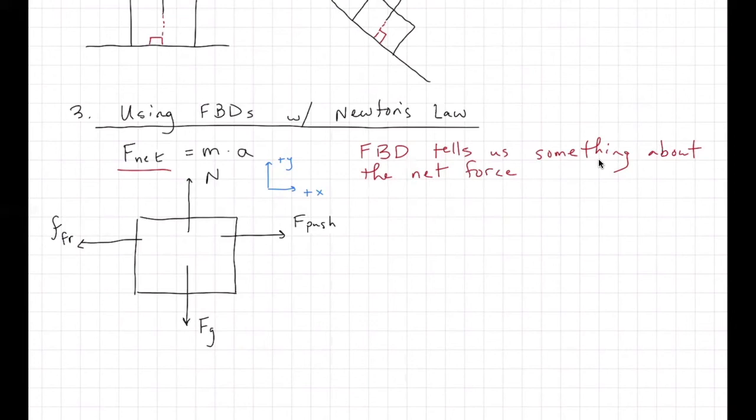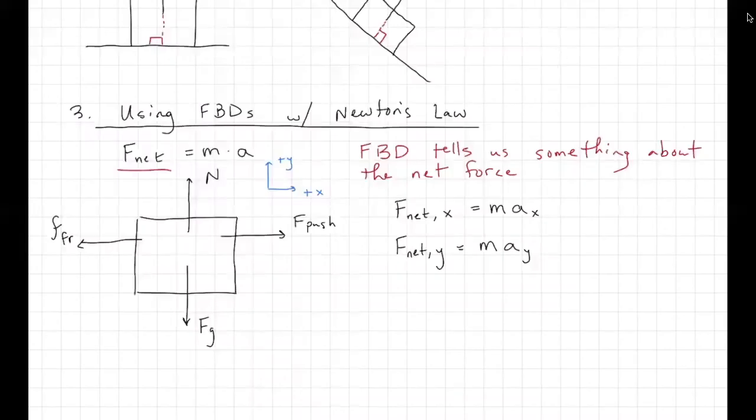I'm writing the net force in the x direction is equal to mass times the acceleration in the x direction. And I'm also writing that the net force in the y direction is equal to the mass times acceleration in the y direction. If I had a third dimension in this problem, which I don't, I could write a third equation. And in general, when I write F net equals ma, that's three equations for the three spatial dimensions that I have.